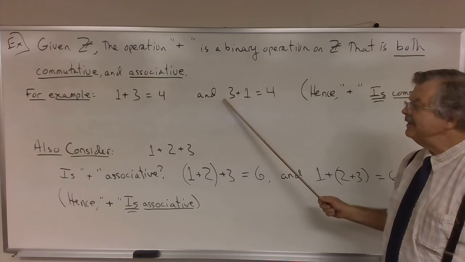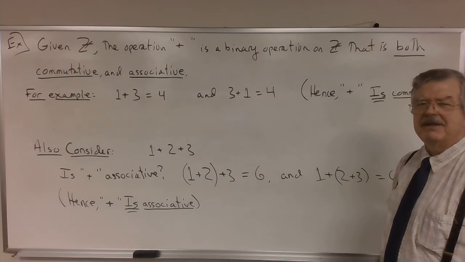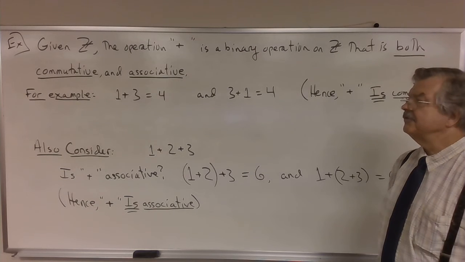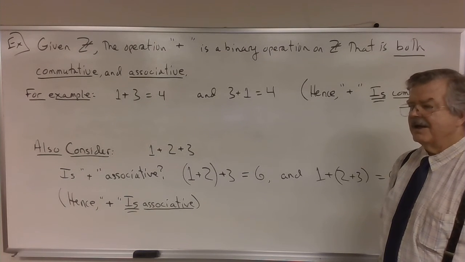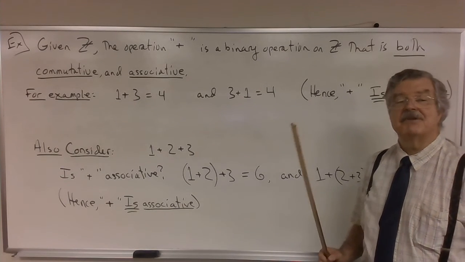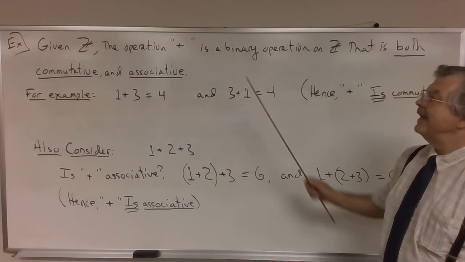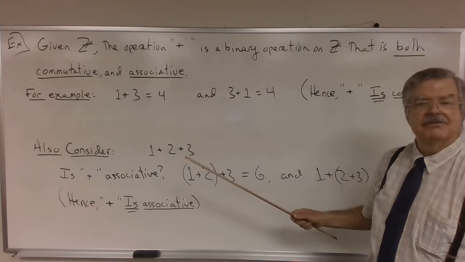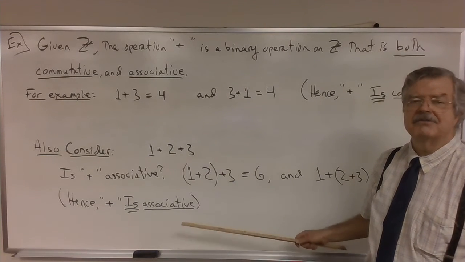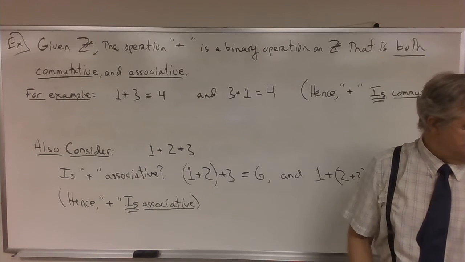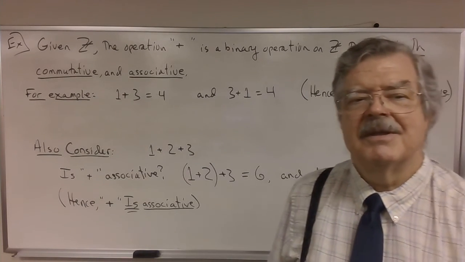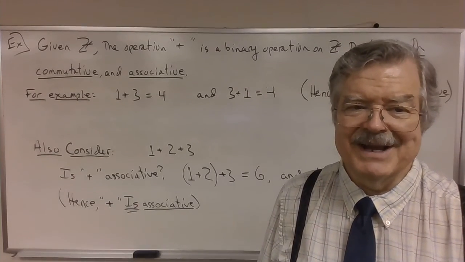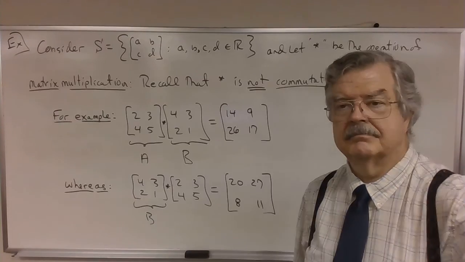And actually, these examples illustrate that addition is associative and commutative on the set of integers. It doesn't prove that. I think we just have to accept as axioms that addition is both commutative and associative on the set of integers. Or maybe we can prove it by induction, which I'm not going to do right now.